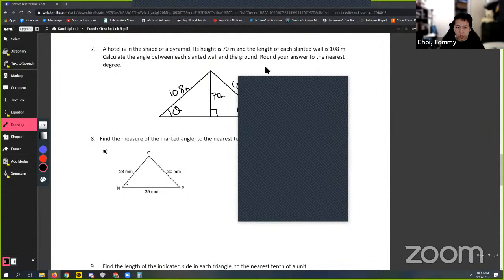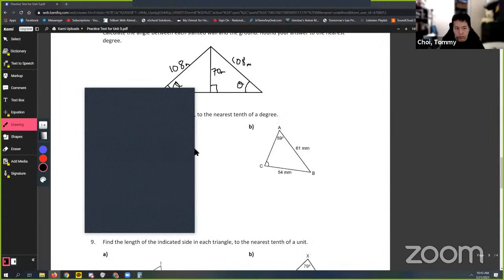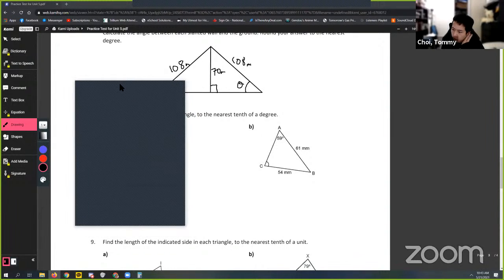Let's do it now for question 8b. Sine law, SOHCAHTOA, or cosine law?